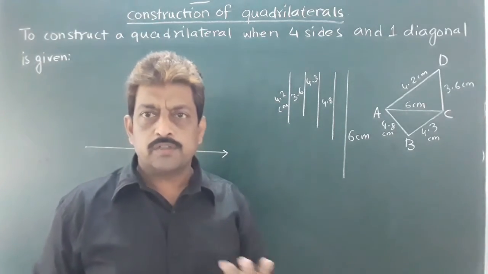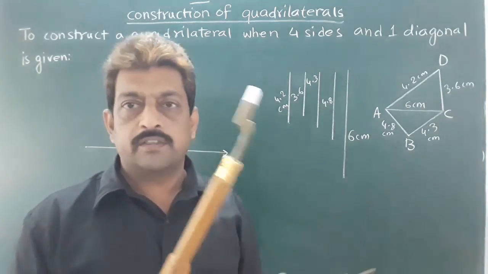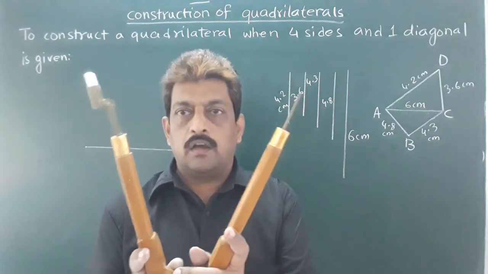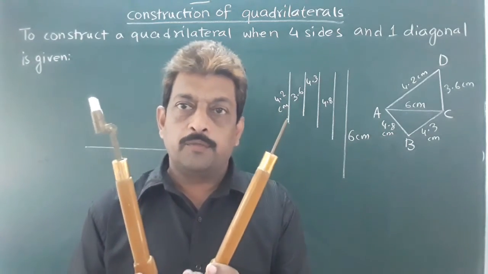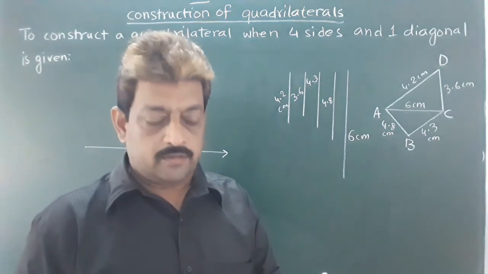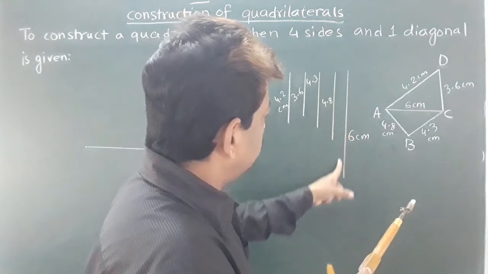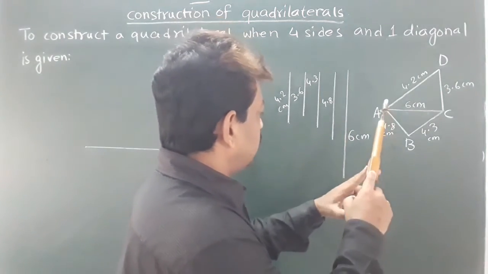From now onwards, we are going to use the tools of mathematics, like this wooden compass. I am going to use this compass to construct the quadrilateral. So this is the diagonal AC, 6 centimeter.